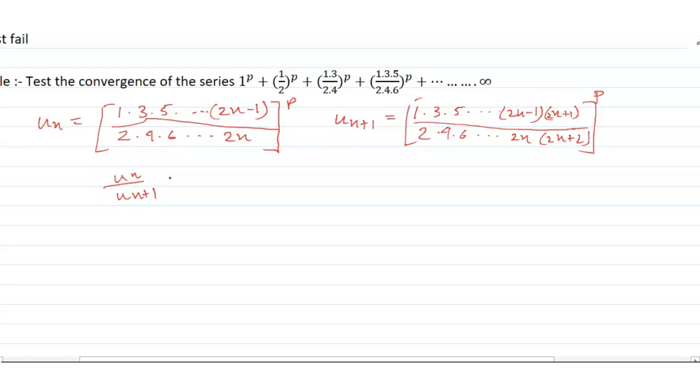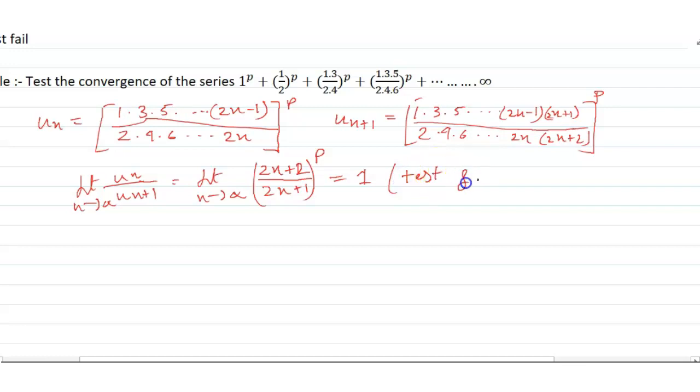So whatever I get, limit n tends to infinity of (2n plus 2) divided by (2n plus 1) equals 1. This is the value. So the D'Alembert test fails.